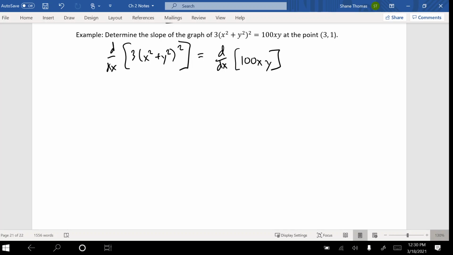So first one, this is definitely going to be a chain rule function here, right? So let's bring it off to the side, and I'm going to make this 3u squared. And then the inside, my u is going to be x squared plus y squared.